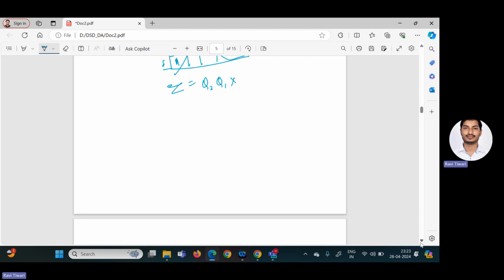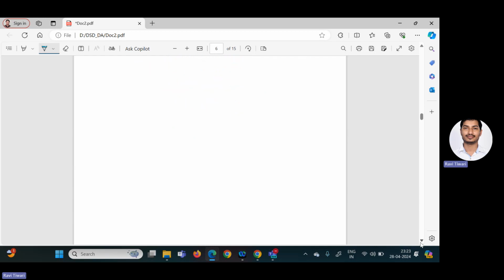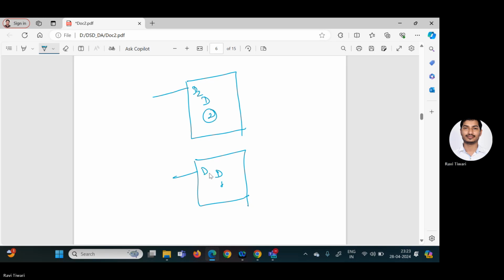We have to draw the circuit diagram here. So here you see, I will draw the D flip-flops here, and I will say this is D2 and this is D1. The expression of D2 that we calculated has two min terms.